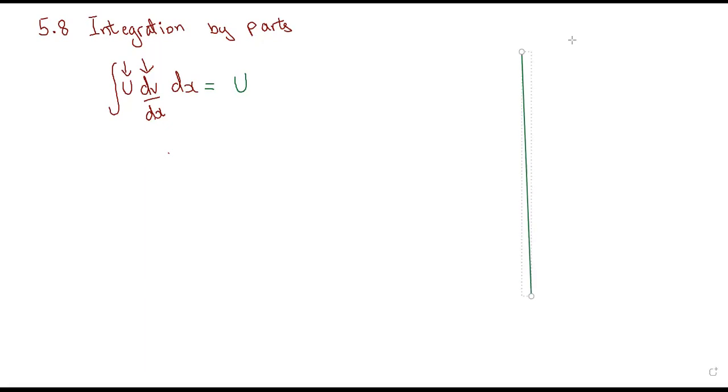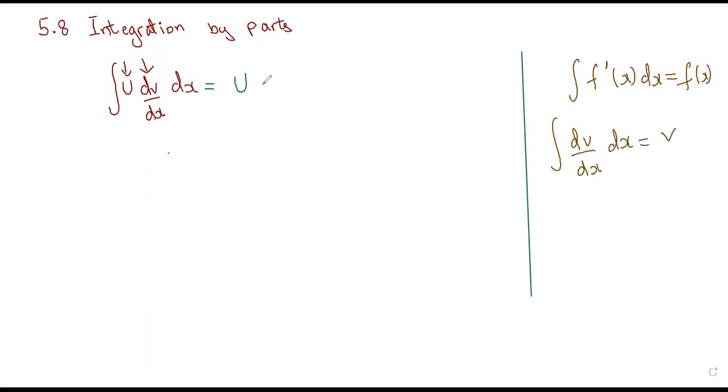We have already discussed the integral of a derivative is the function itself, right? So the integral of dv by dx with respect to x would be v, right? So the integral of the second function would come here.